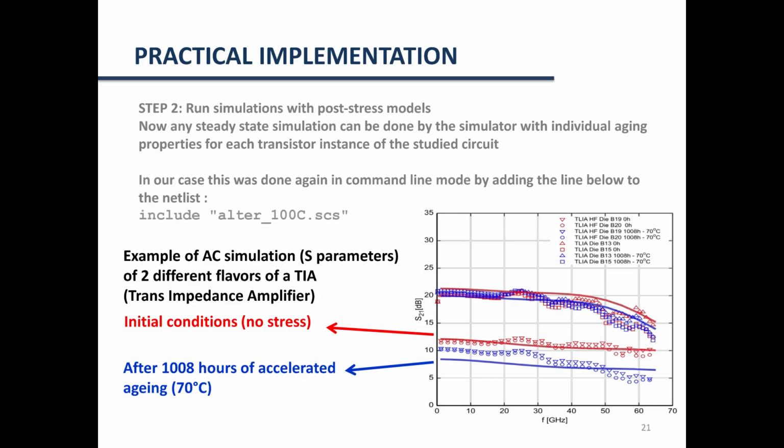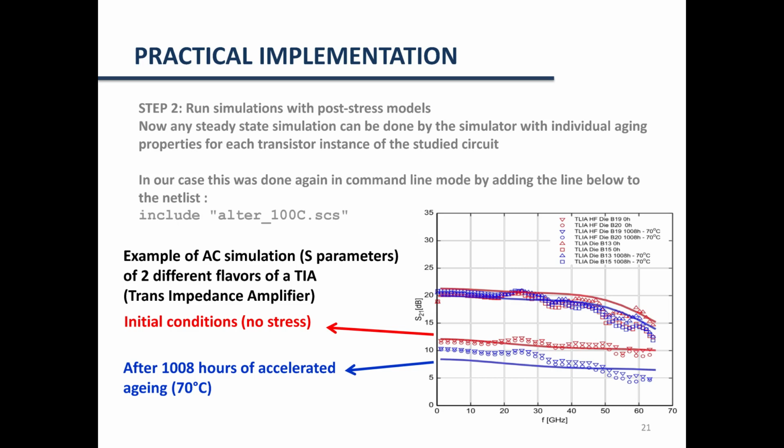As long as you don't have any large signal transients adding new degradation, you can run the simulation and get the properties of the circuit for a given aging condition. So in our case, this was done in command line mode by just adding the line below to the netlist, which is the include statement, containing all the alter statements that we need.